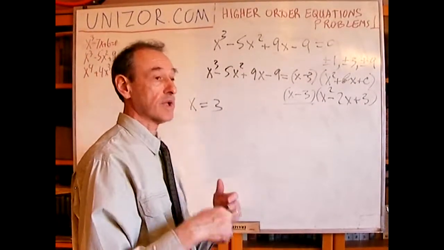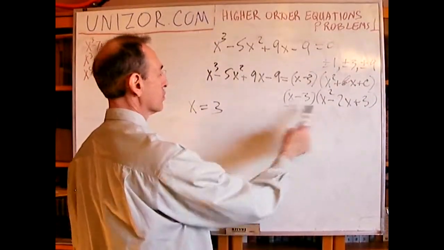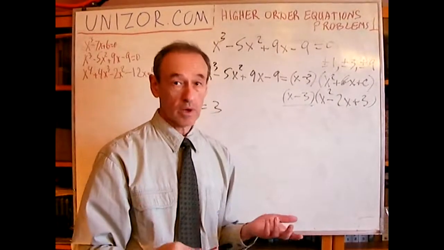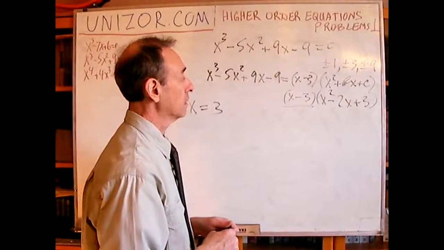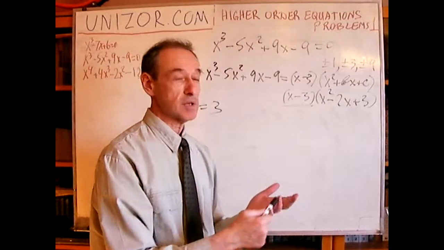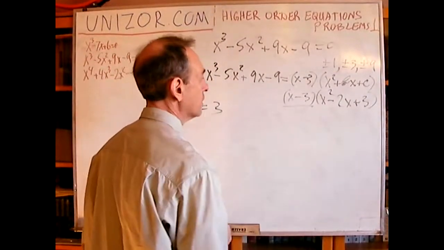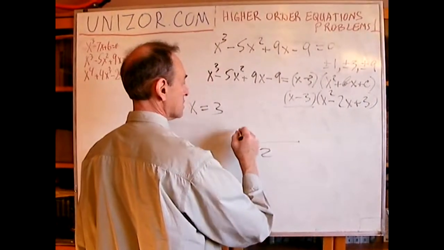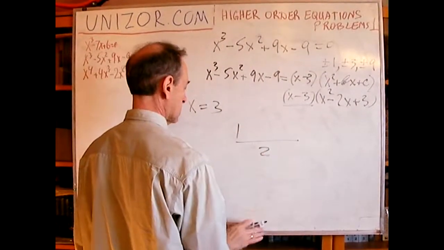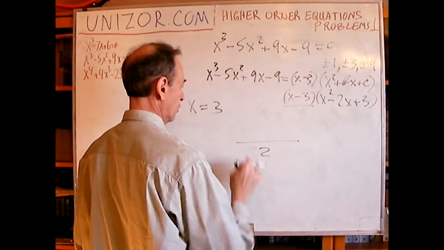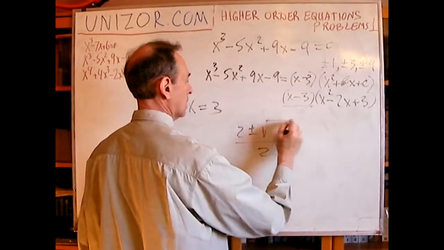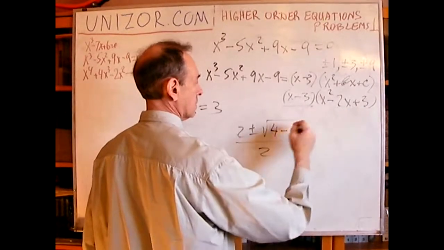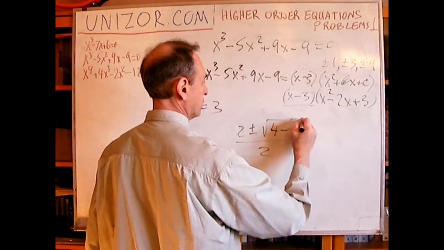In the realm of complex numbers, we have 3 solutions. One from here and 2 complex ones, with real and imaginary part from here. And well, let's just do it. It's 2 plus minus square root of 4 minus 12.